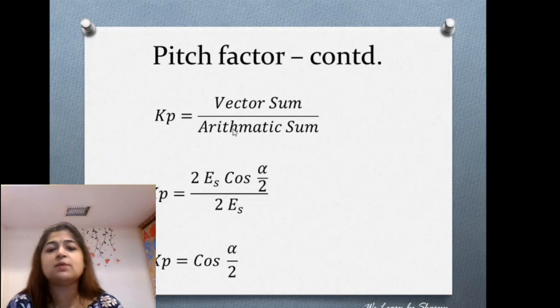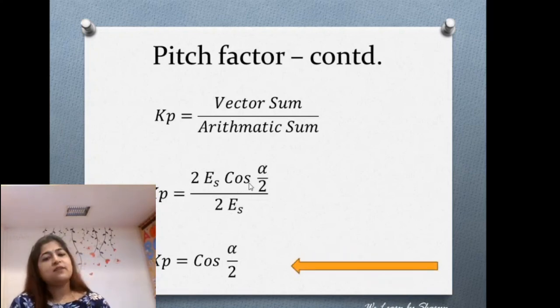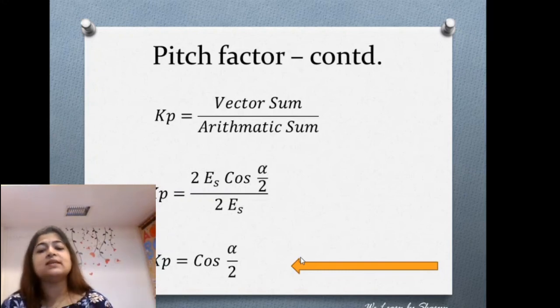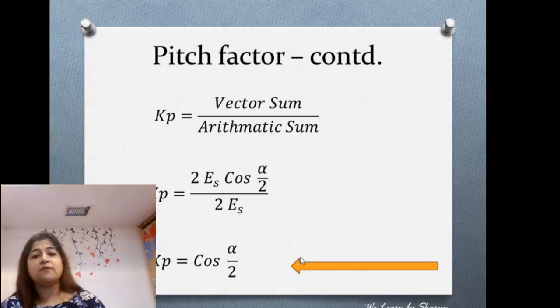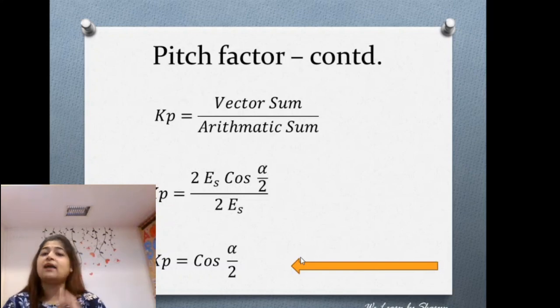Kp is the vector sum to the arithmetic sum. Vector sum is twice ES cos alpha by 2 and arithmetic sum is twice ES. So we got Kp as cos of alpha by 2. Very important expression to find the value of pitch factor Kp, that is cos alpha by 2, where alpha is the angle by which the coil is shorted.